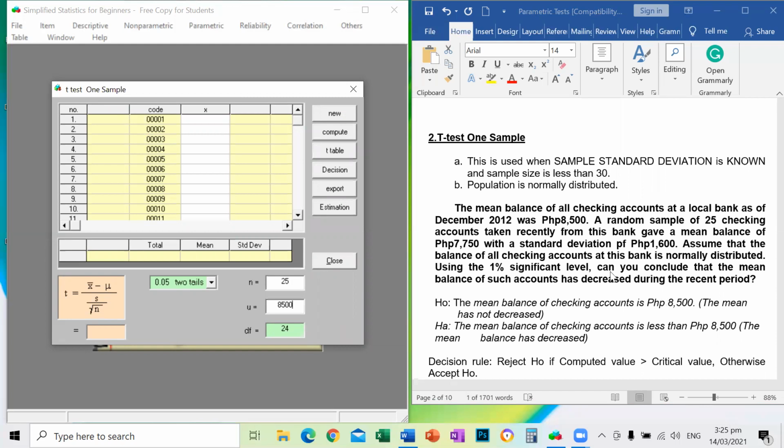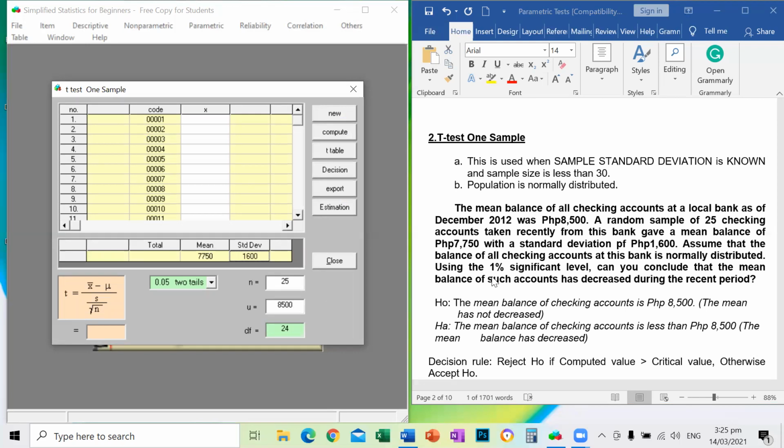Let's continue. A random sample of 25 checking accounts taken recently from this bank gave a mean balance of 7,750. So we put here your sample mean, with a standard deviation of about 1,600. Take note that in the Ttest class, we can change the alpha and whether it's one-tailed or two-tailed. It says, use the 1% significance level.